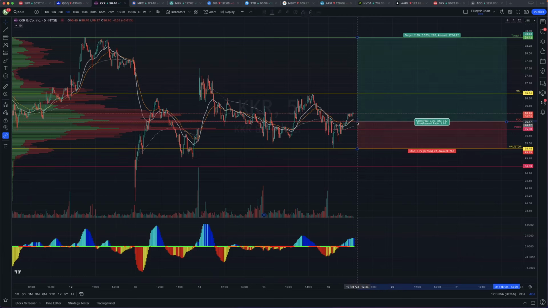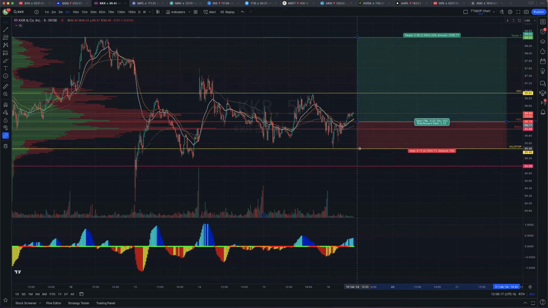But what I want to do is, maybe this red line is more of a stop area. If I don't honor this yellow line as my stop area and I let it drift down into this red line, now I'm getting more of a 2-to-1 risk reward. I don't like that as much.